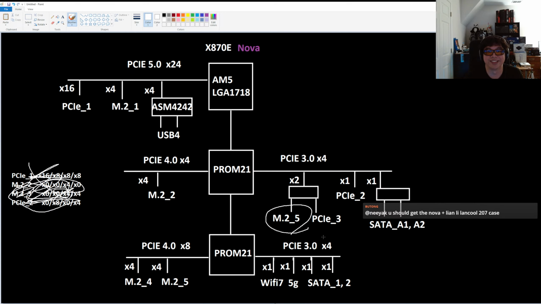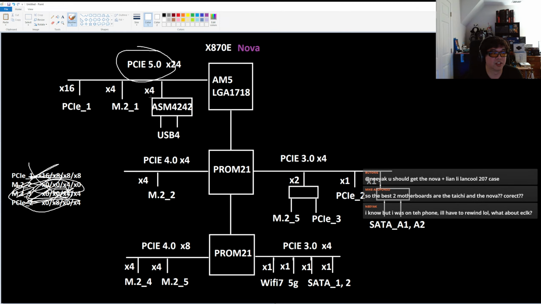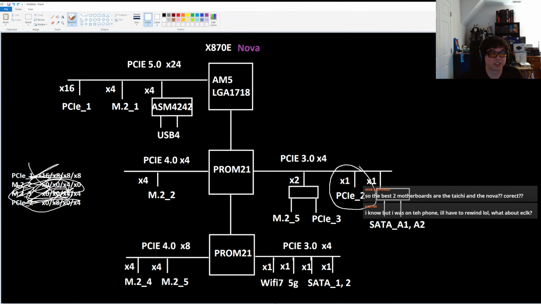The Taichi does not give you a 5th M.2. Instead, the Taichi gives you an X8 Gen 5 slot that shares lanes with this when in use. Whereas the Nova gives you an X1 Gen 3 and an X2 Gen 3 if you opt to use them.